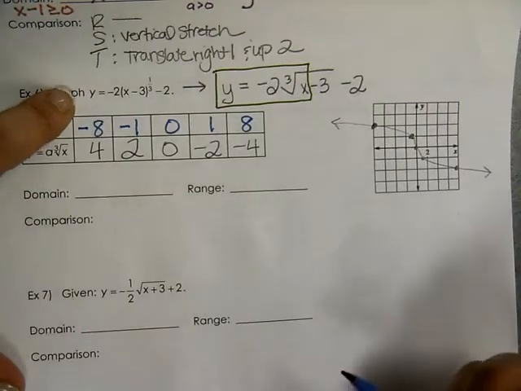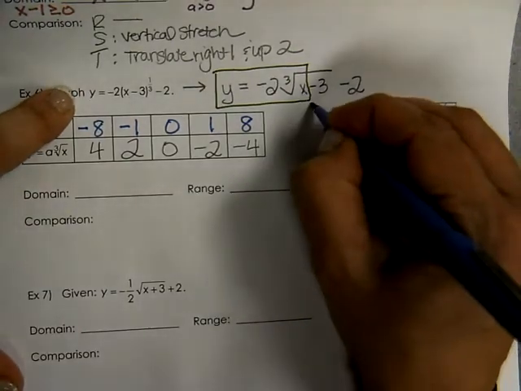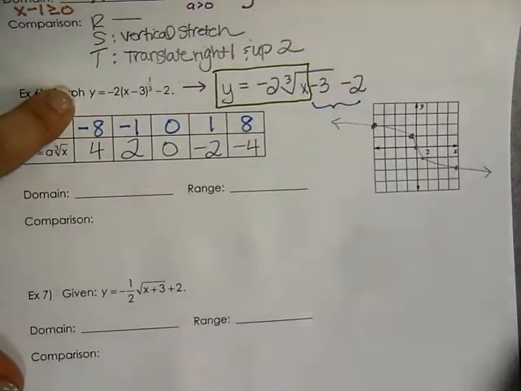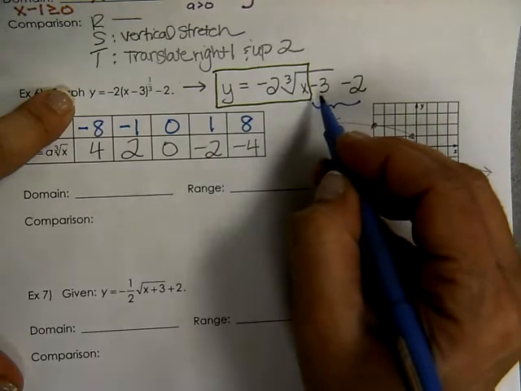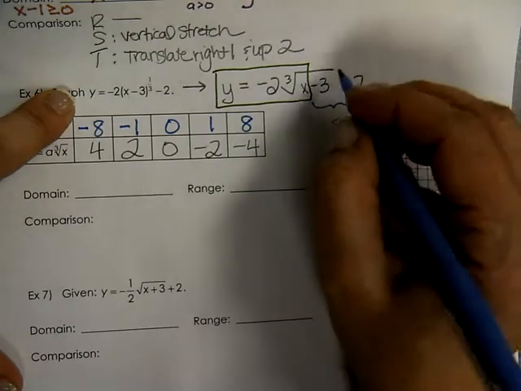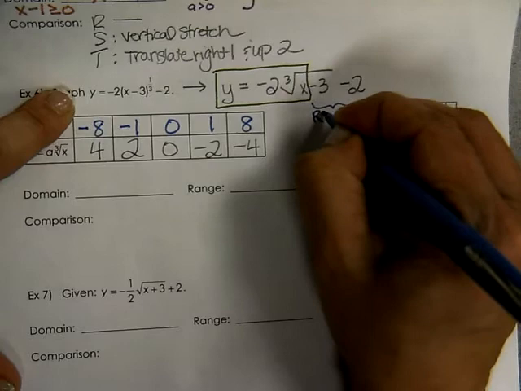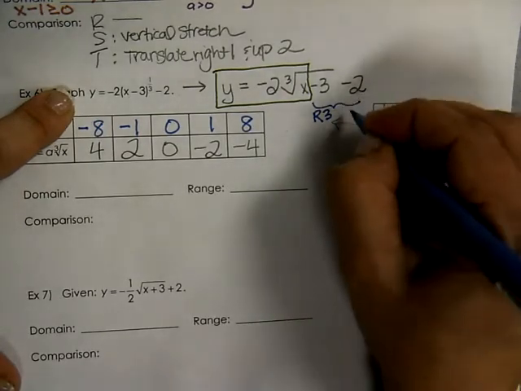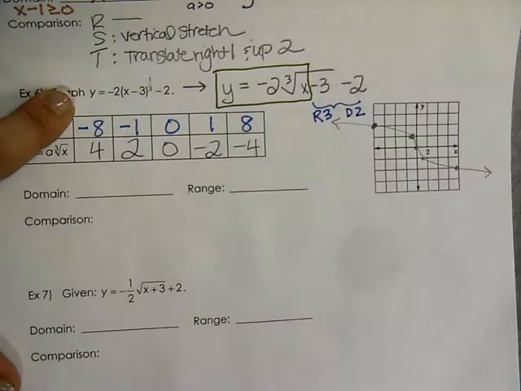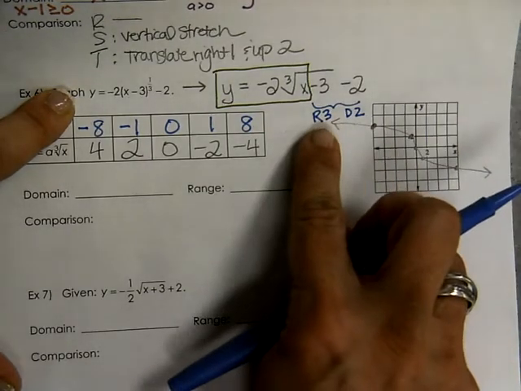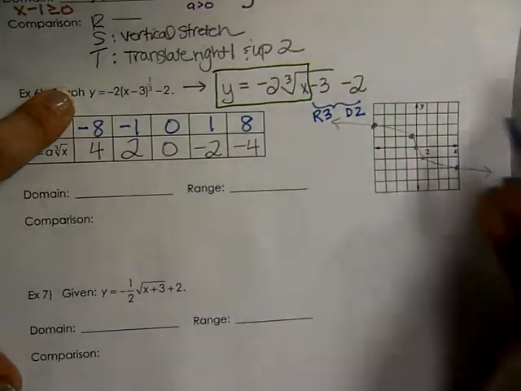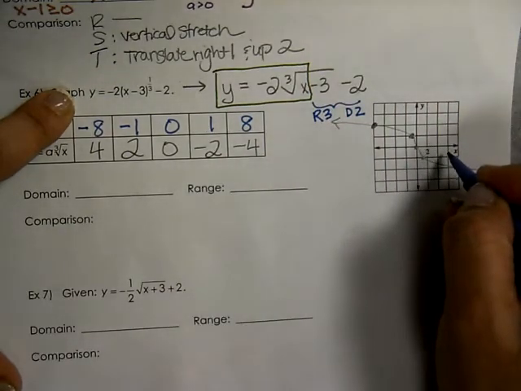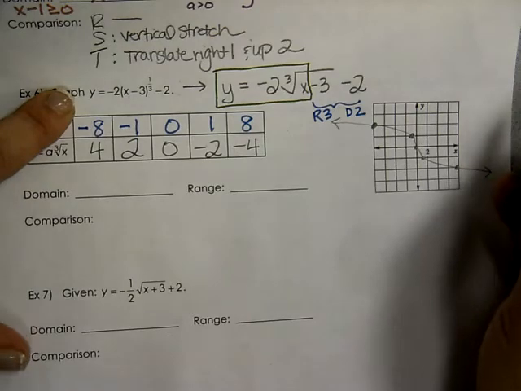To get our final graph, we're going to have to use this translation here. This minus 3 under the radical tells me I need to go right 3, and the minus 2 on the outside says to go down 2. Now be careful, because right 3 isn't 3 boxes, because each box is 2. So I need to go right 3 units.